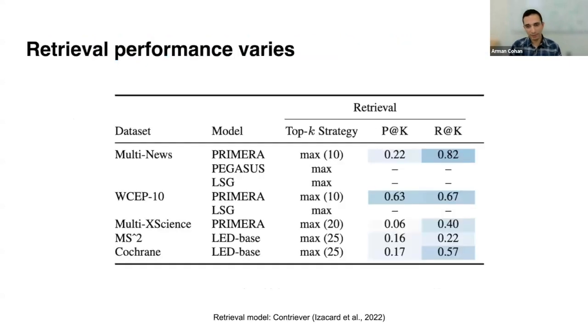So these are the results using retrieval. The first thing is, how do the retrievers work? It is different for each task. You can see that the retrieval performance can be anywhere from 22% recall at K up to 80%.